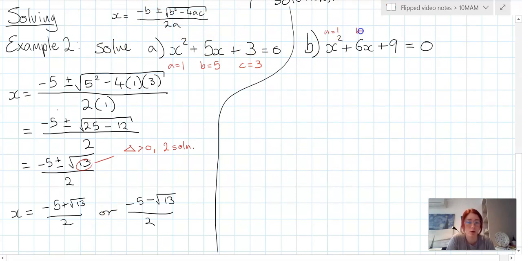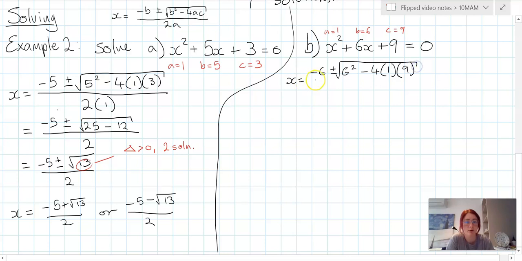So a is 1, b is 6, c is 9. So we are going to have x equals negative 6 plus or minus the square root of 6 squared minus 4 times 1 times 9.